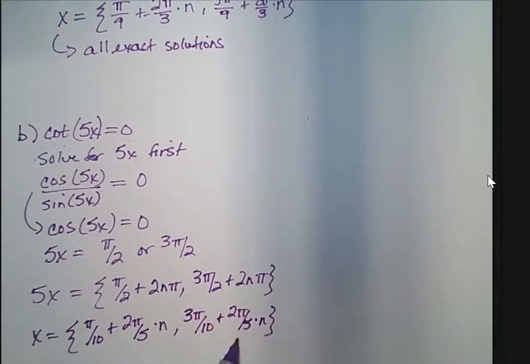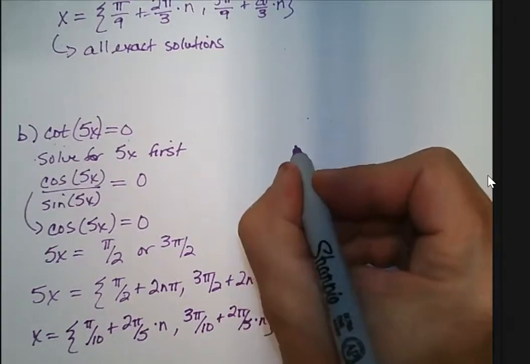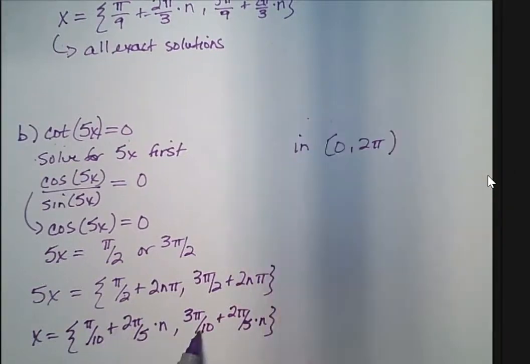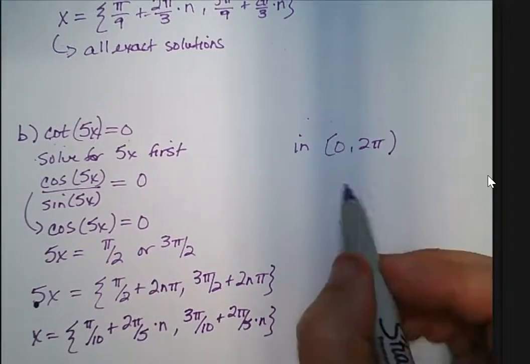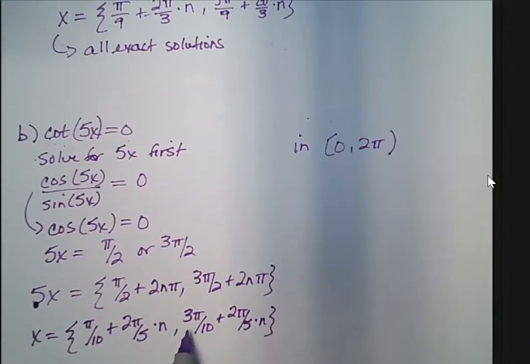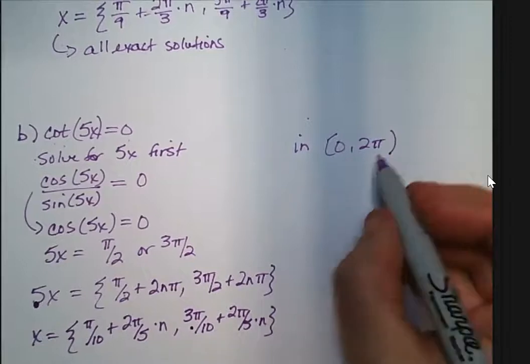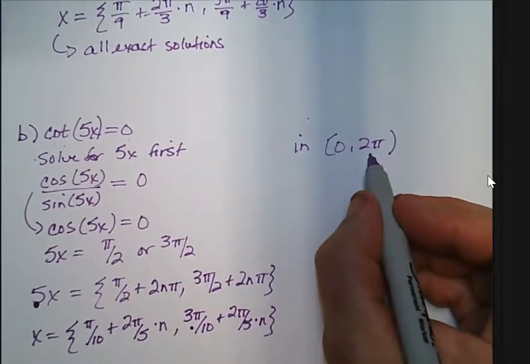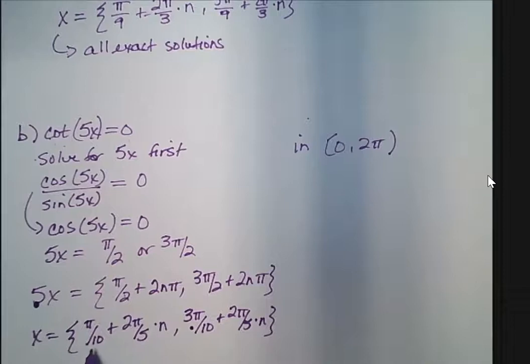Now we want to find all the exact solutions in 0 to 2 pi. Since we had two solutions here, because this is actually 5x, that means that we should have 10 solutions. We should have 5 times as many as this in the interval from 0 to 2 pi. So when we write these down, we should get 5 for each one of these.